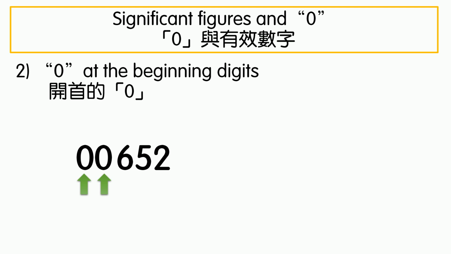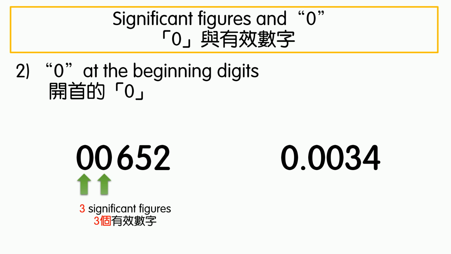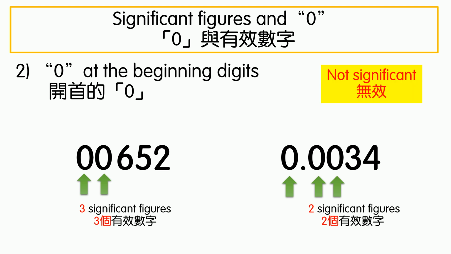We won't count them as significant. Therefore, there are only 3 significant figures. Similar cases in decimal values: all zeros at the beginning are non-significant. So we only have 2 significant figures, which are 3 and 4. Remember that zeros at the beginning are non-significant.